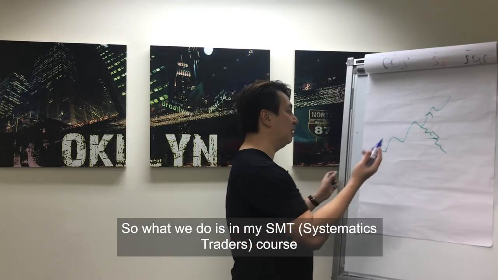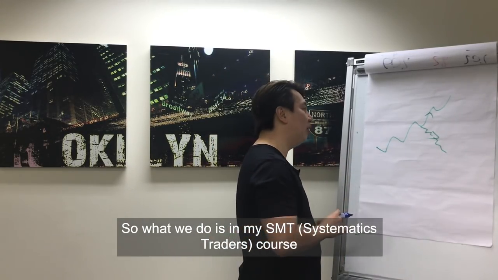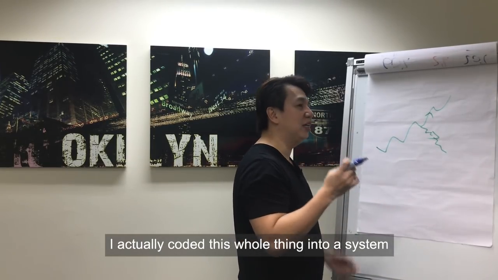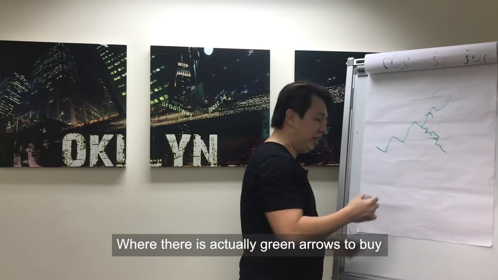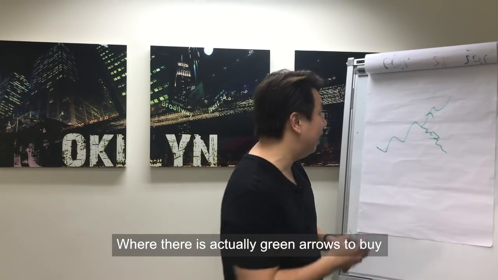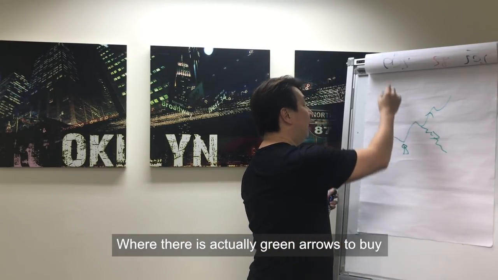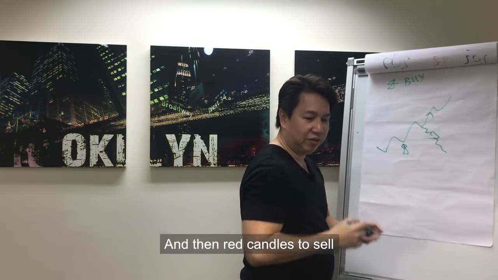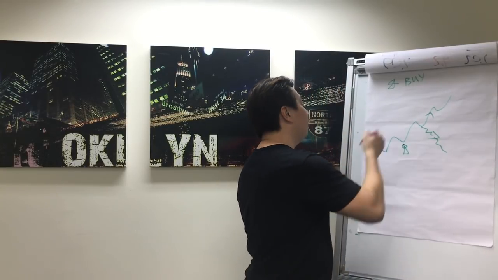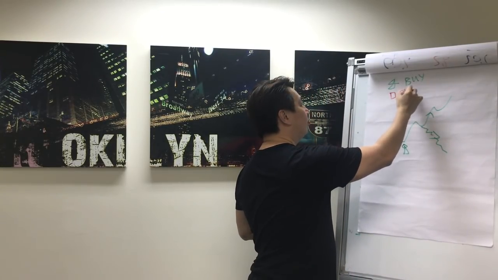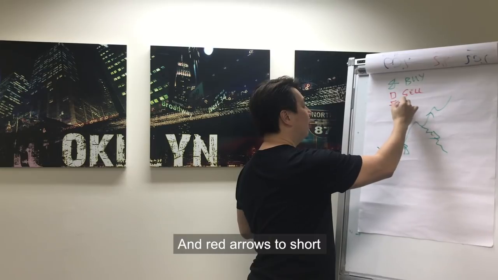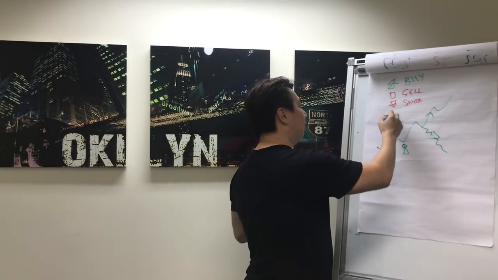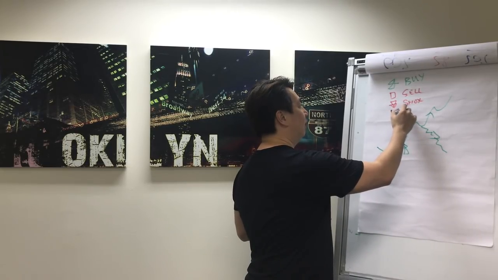In my SMT course, systematic trader course, I actually coded this whole thing into a system where there are green arrows to buy, and red candles to sell, and red arrows to short, and blue candles to buy back, to cover your short.